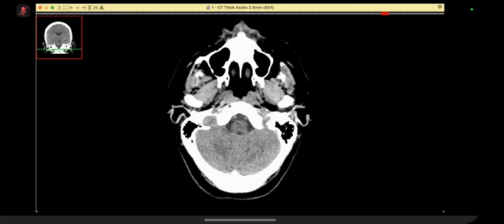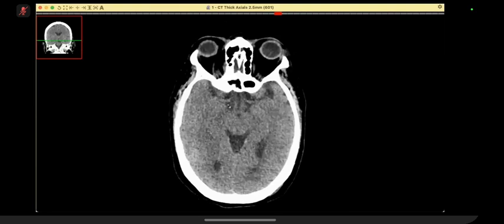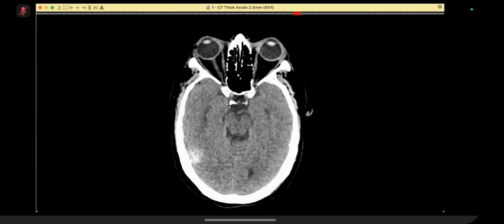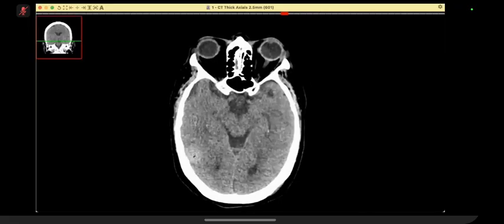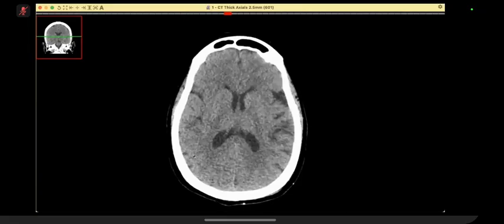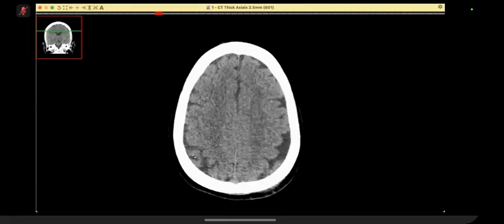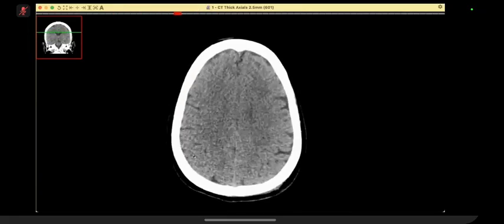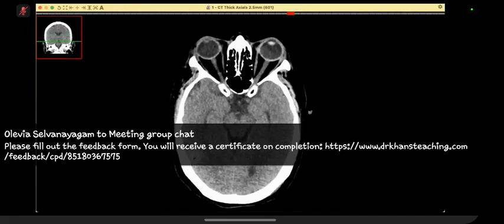The abnormality is seen on the right posterior parietal region. There is a hyperdensity seen over the cortex with no surrounding edema. The ventricles are okay. They are not dilated.